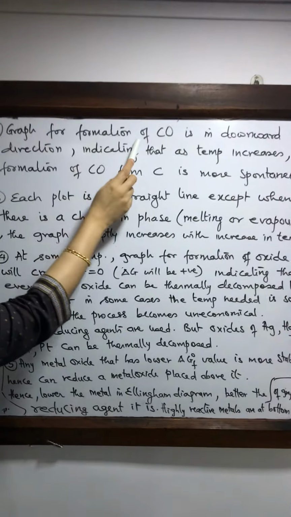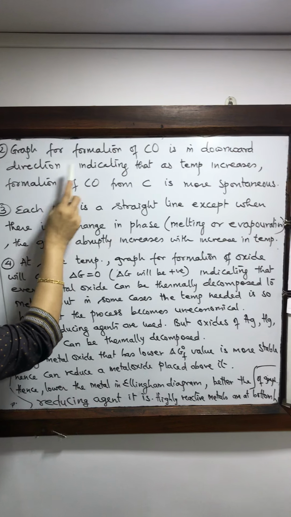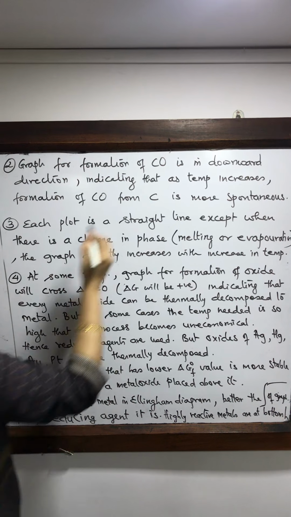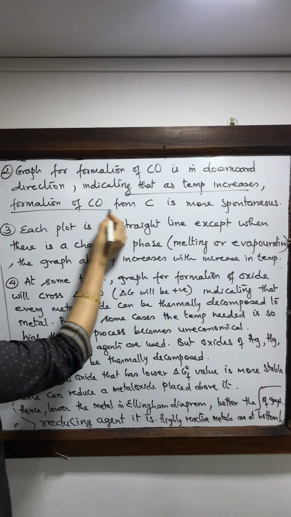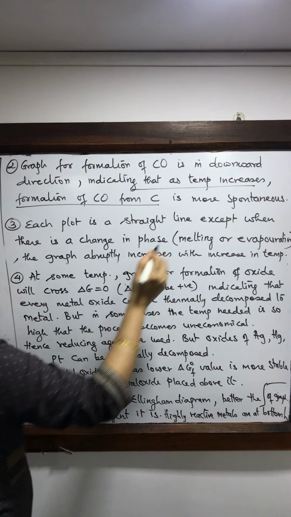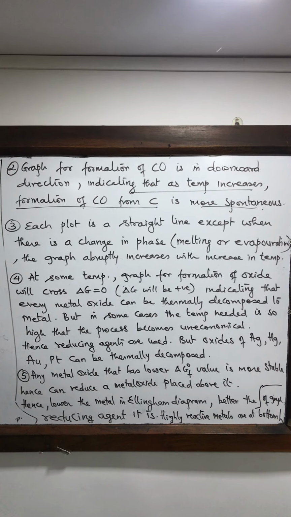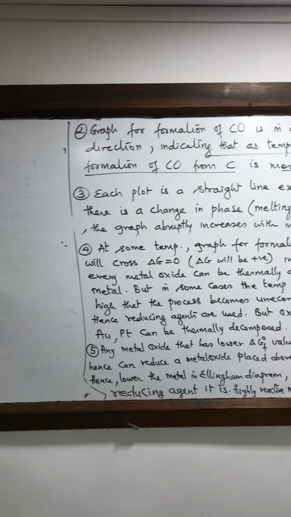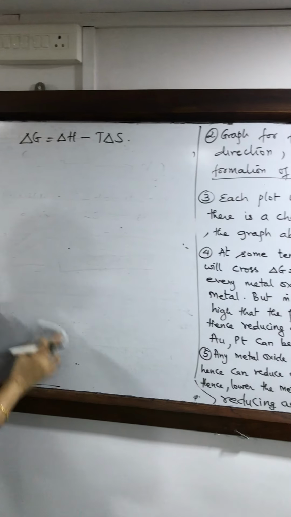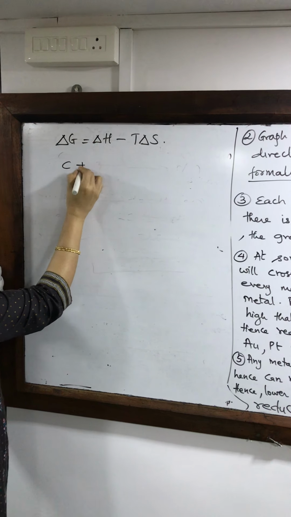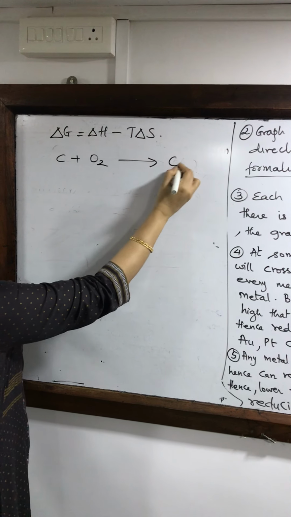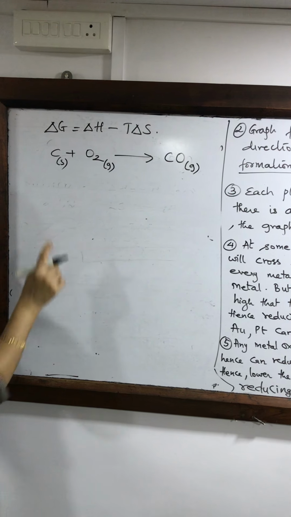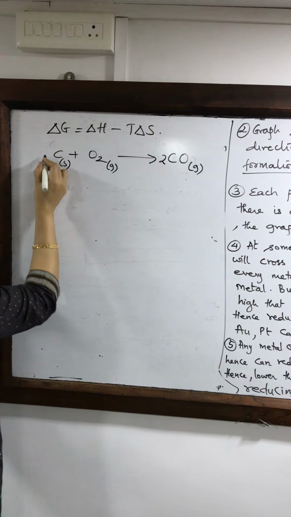So that is the second characteristic. The graph for the formation of carbon monoxide is in the downward direction, indicating that as temperature increases, the formation of carbon monoxide from carbon is becoming more spontaneous. Again, let me explain this with the delta G equation, the Gibbs-Helmholtz equation, just as I explained for the formation of metal oxide. Carbon is solid. I balance this equation.